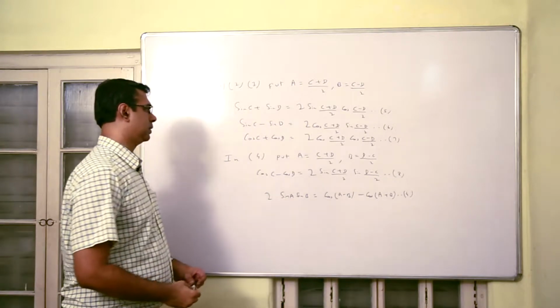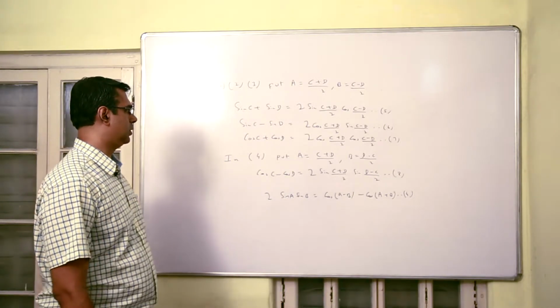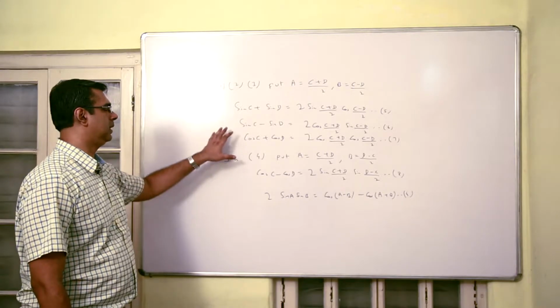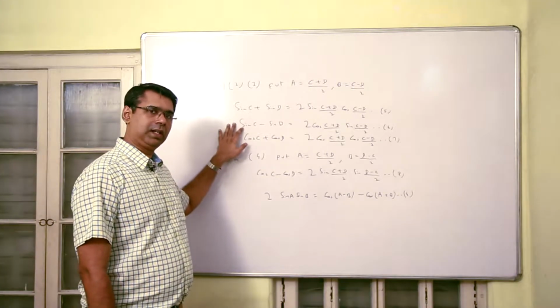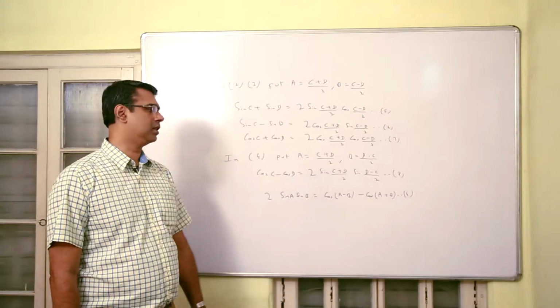So this becomes formula number 8 of transformation, and this completes the formulas of transformation. So there are total 8 formulas.